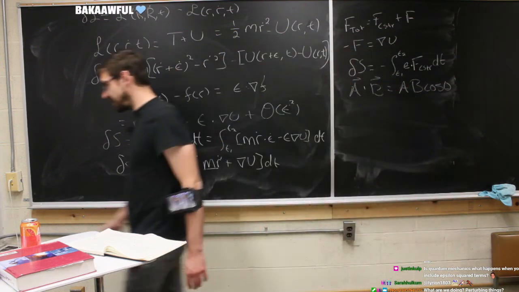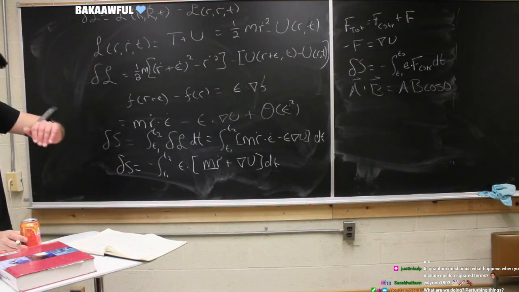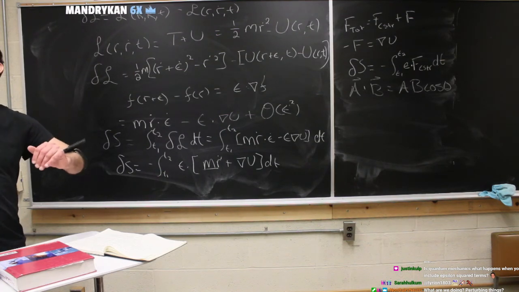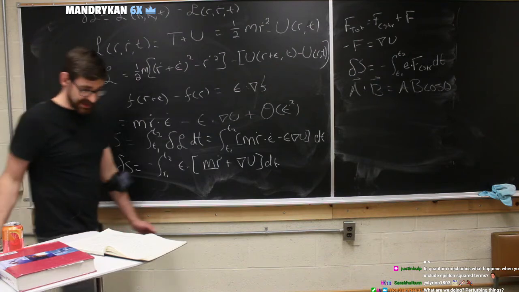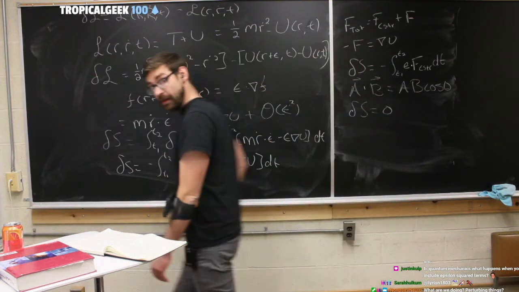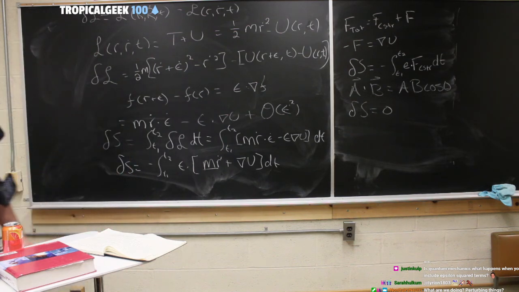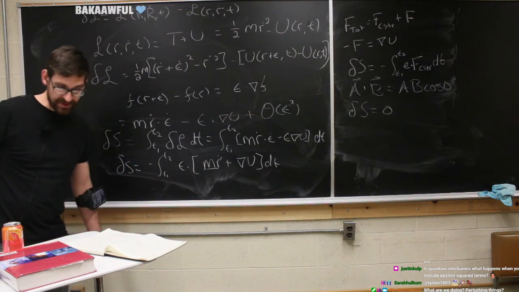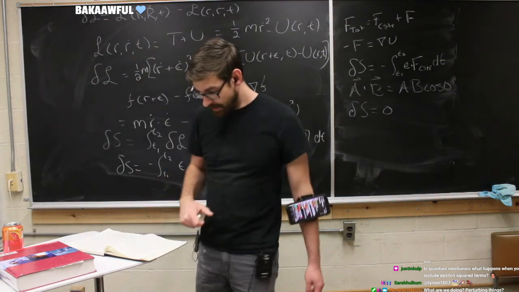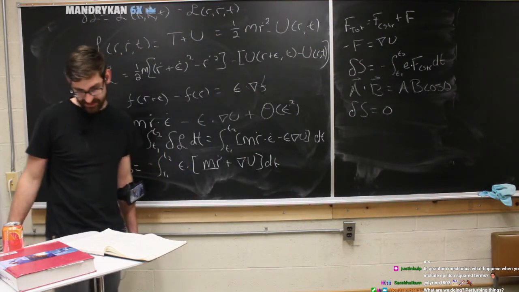If theta is 90, cosine theta equals 0, which means that the variation is 0. And we are indeed certain that the variation in S is equal to 0.